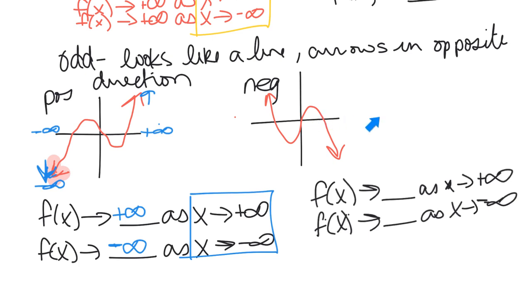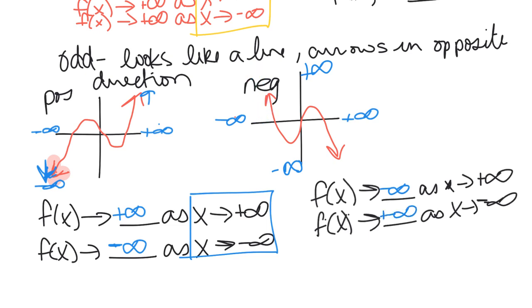But as x goes to positive infinity, we have positive infinity over here, negative infinity, positive infinity. So as we're over here at positive infinity, the graph is going down, so that's negative infinity as x is at positive infinity. And over here where x is at negative infinity, the graph is pointing up, so it's going to positive infinity.